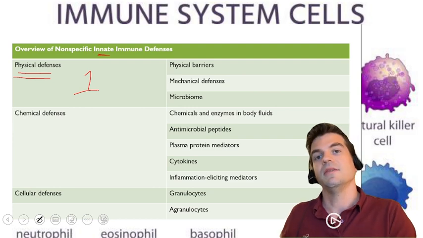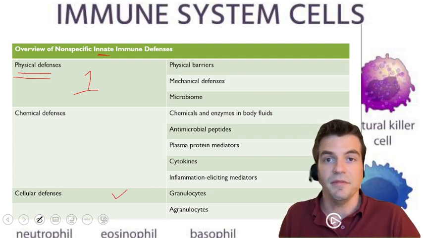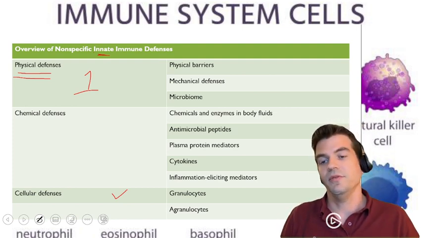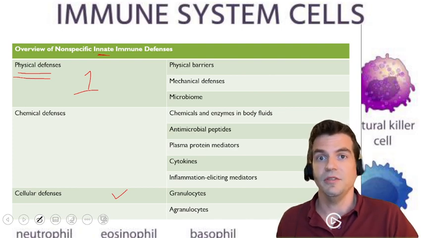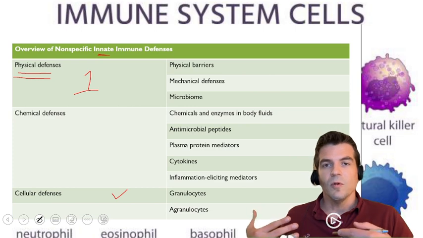And then some of our cells can be adaptive also. So there's a lot of crossover that we need to just take in stride as we learn these barriers.